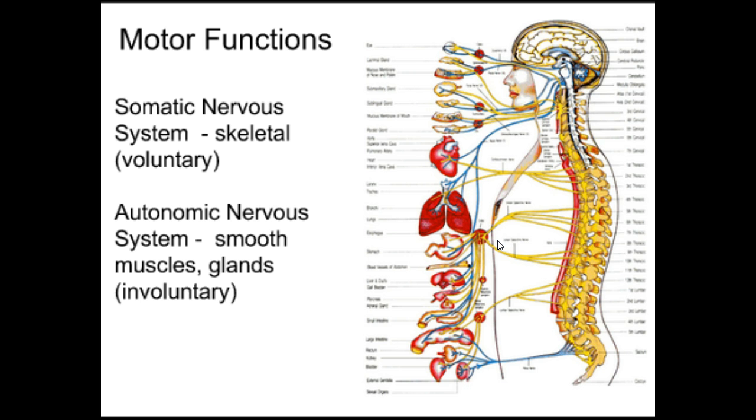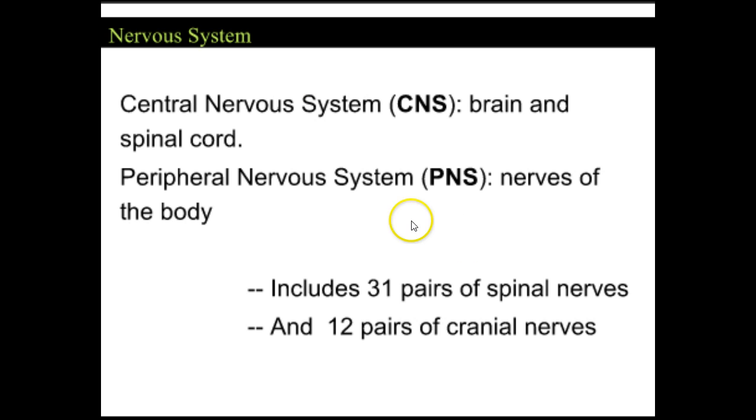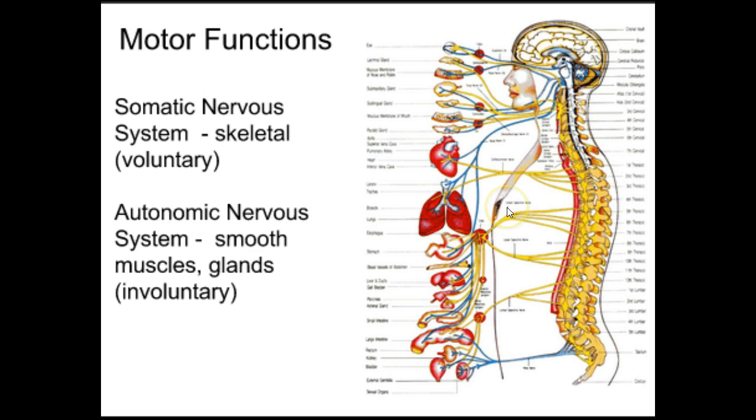So motor functions, we can actually put that into two different categories, and these are all part of the peripheral nervous system. That's the somatic nervous system, which is the skeletal or the voluntary nervous system, and this is actually what we do, and we mean to do it. And then we have the autonomic nervous system, which is the smooth muscles and the glands, and this is involuntary.